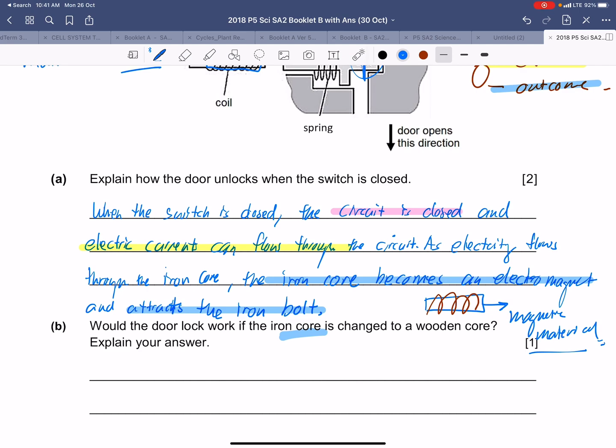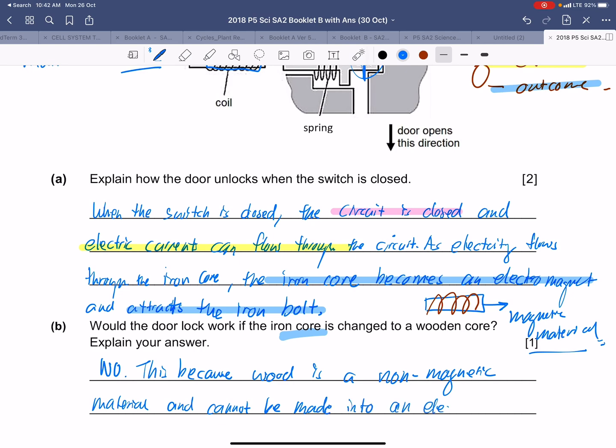So this is a point that you need to clearly understand. Your answer is no. This is because wood is a non-magnetic material and cannot be magnetized into an electromagnet.